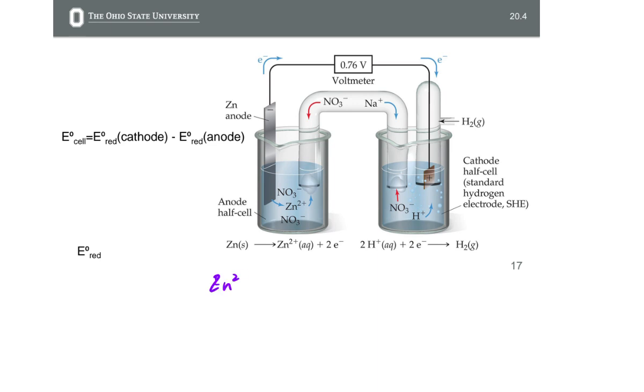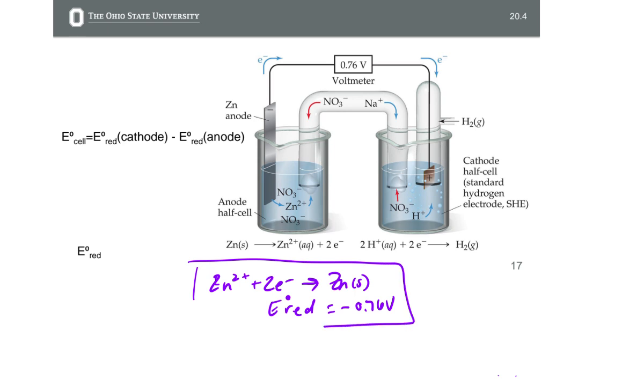For the zinc reduction reaction, the reduction potential is minus 0.76 volts. Okay. Notice I switched the reaction here. This is the reduction potential for that reduction reaction. Okay? That's what we want for our E cell equation.